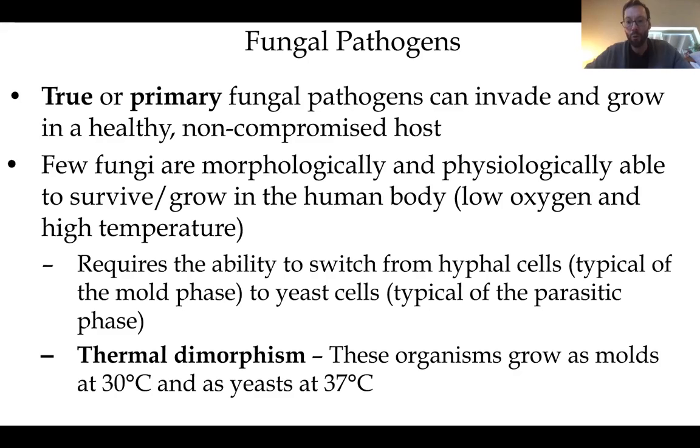At room temperature or a little higher, around 30 degrees Celsius, they tend to be molds, like the fuzzy stuff we see on bread that's been out too long, or on produce. But if that enters the body, at 37 degrees body temperature it has dimorphism, meaning two body shapes, and it becomes a yeast.